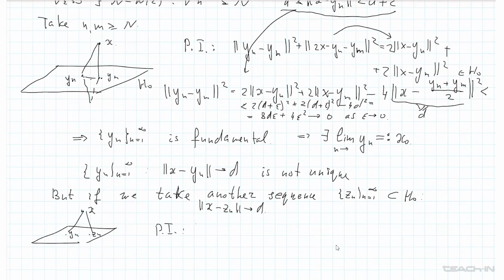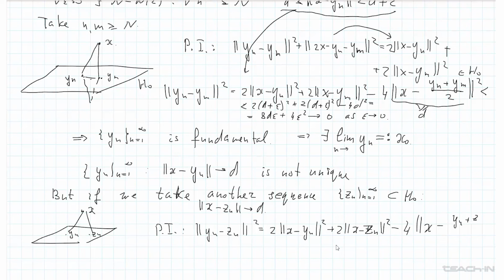The parallelogram identity for the norm of Yn minus Zn squared, and the same estimations, 4 times x minus (Yn plus Zn) over 2, squared. And again, we obtain that it is less than epsilon-small.